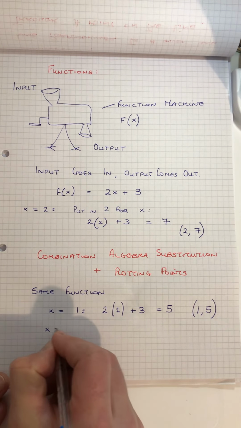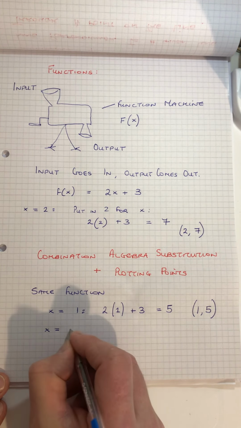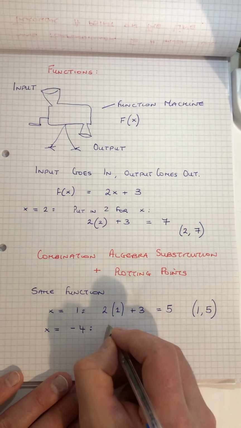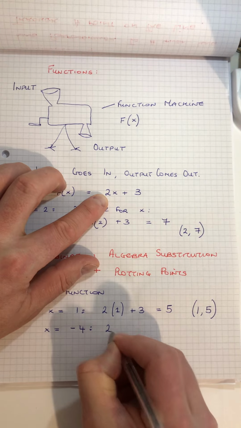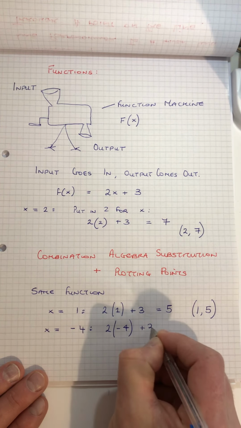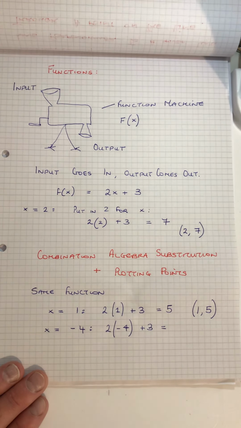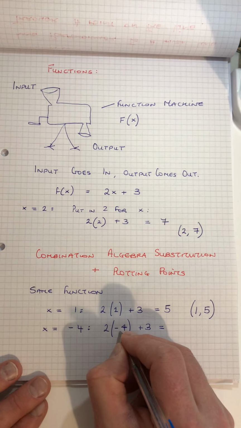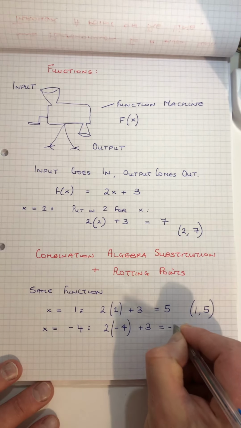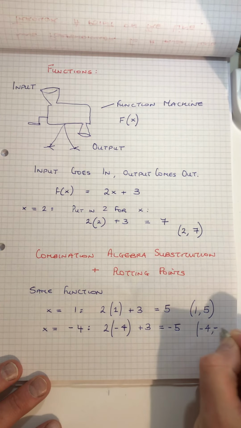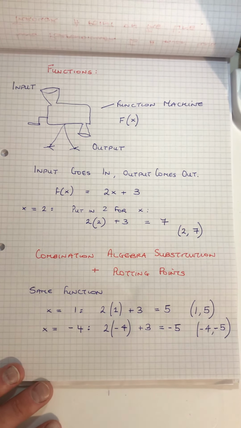If x was minus 4, same thing. It's 2 times x, so 2 times minus 4 plus 3, which would be equal to, use your calculator, 2 times minus 4 is minus 8, plus 3 is minus 5. So minus 4 and minus 5.